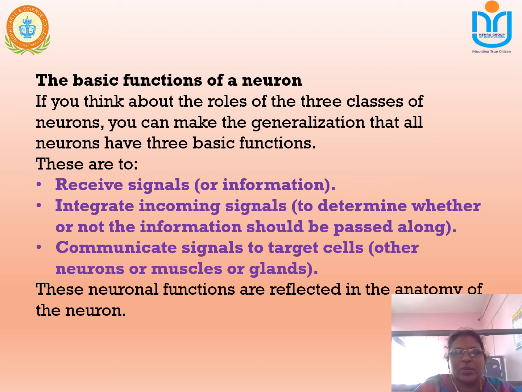If you think about the roles of the three classes of neurons, you can make the generalization that all neurons have three basic functions: receive signals or information, integrate incoming signals to determine whether or not the information should be passed along, and communicate signals to target cells. These neural functions are reflected in the anatomy of the neuron.